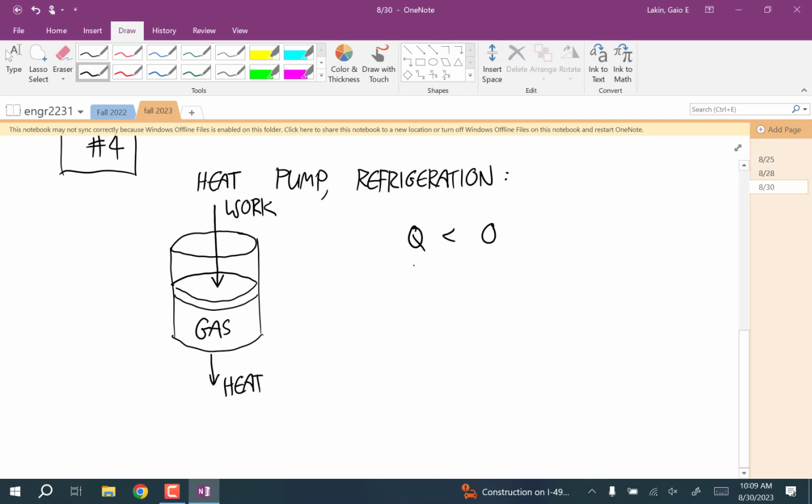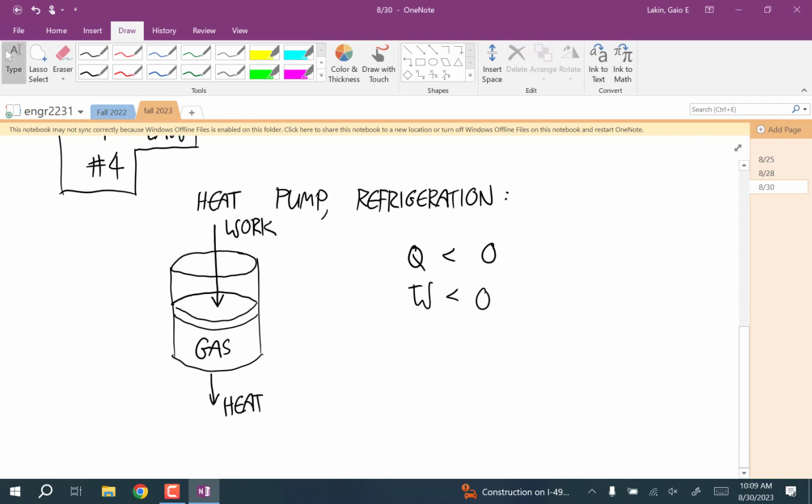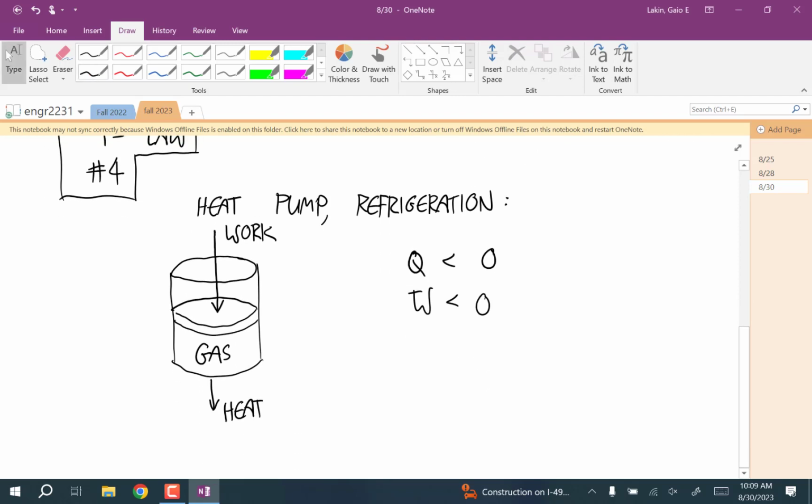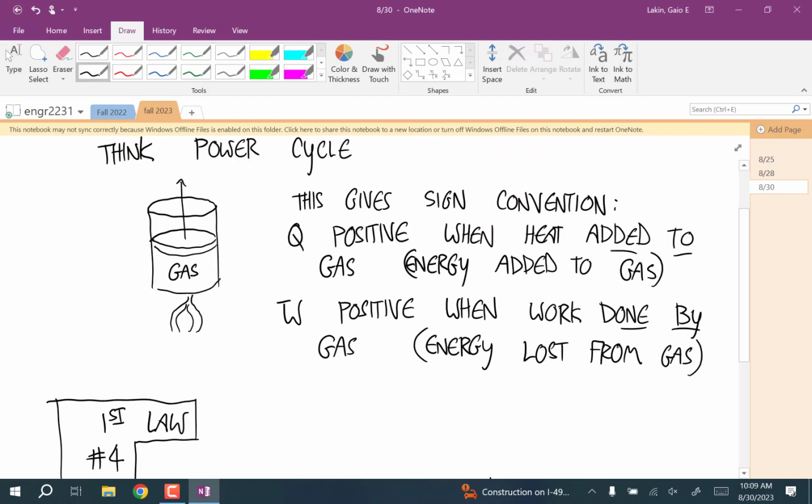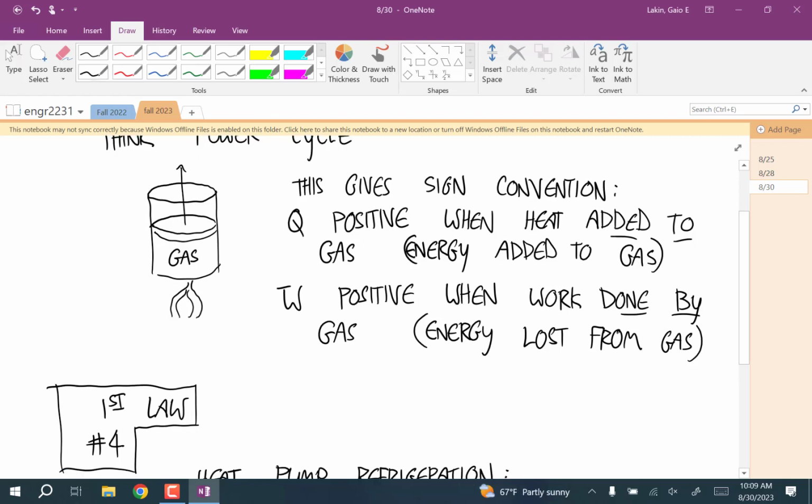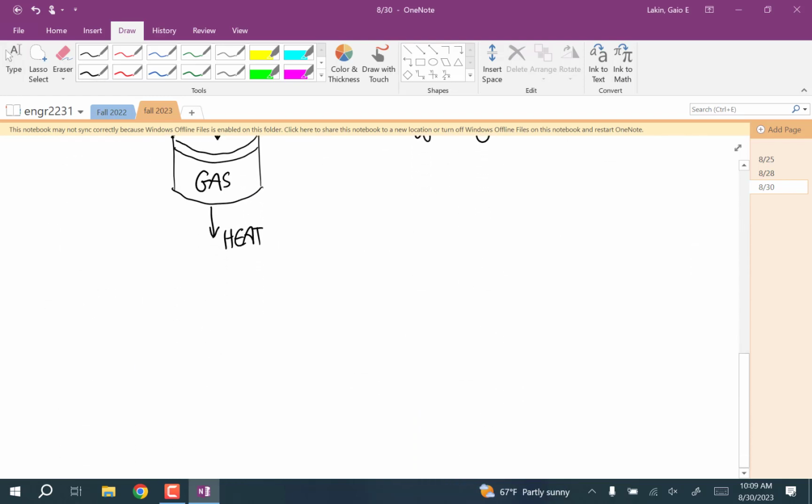And so in this case, work is less than 0 also. So again, compare what's happening in whatever case you have to what's happening in a power cycle. That tells you the sign of heat and work. Any other homework questions?